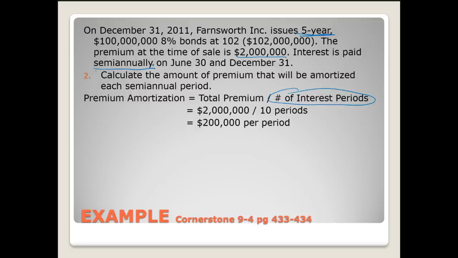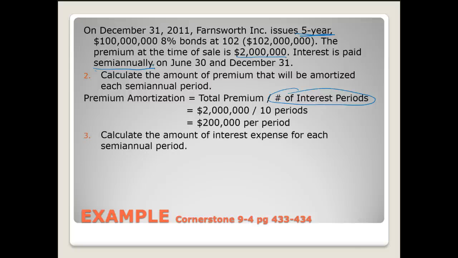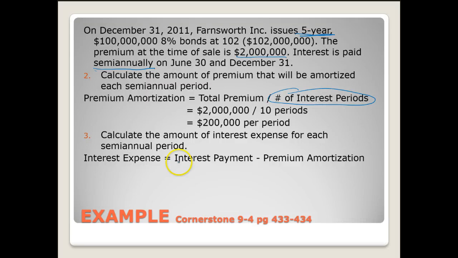Now, if I know the premium amortization and I know the amount of cash interest payment that's actually paid every interest payment period, then I can figure out the total interest expense for every semi-annual interest payment period. The interest expense will be the interest payment that's paid in cash to the bondholders minus the premium amortization, which I already learned was $200,000.